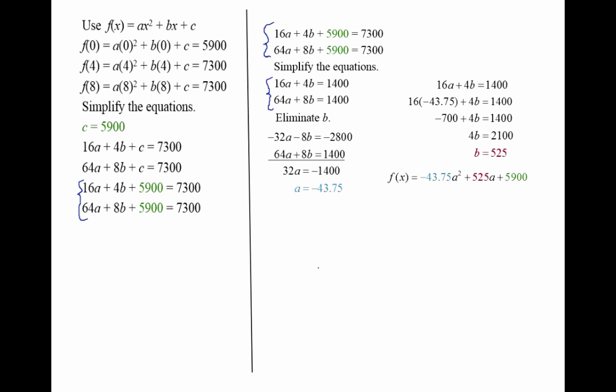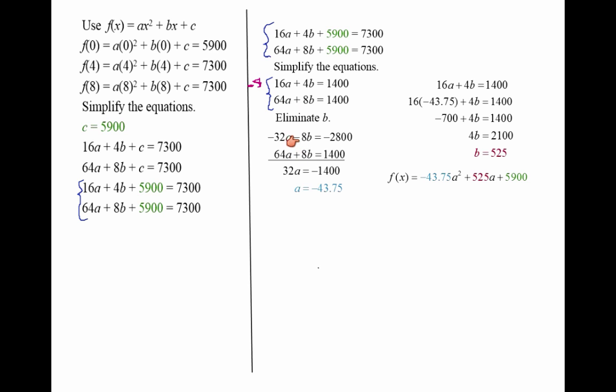So in order to eliminate b, you need to multiply the top row here by -4. Then -4 times 16 gives me -64... -4 times 4 gives me -16, and then I multiply this by 1400 to get -5600.